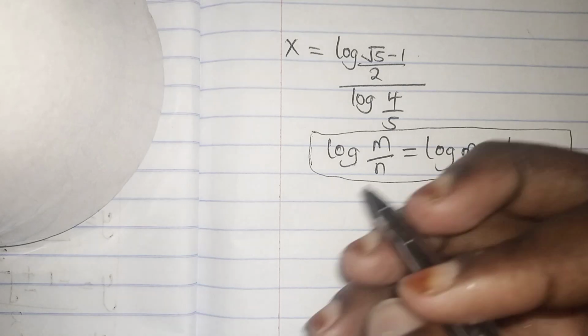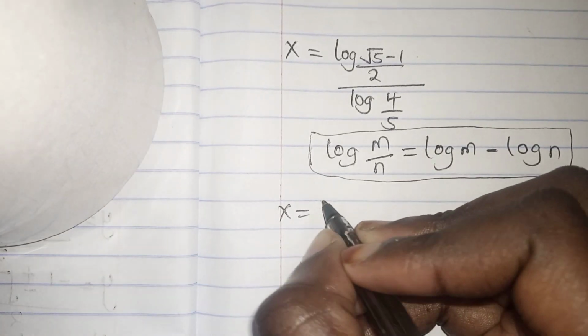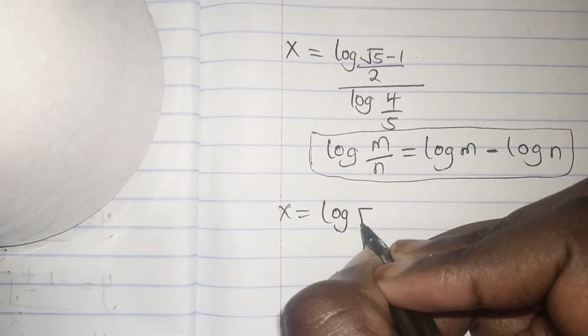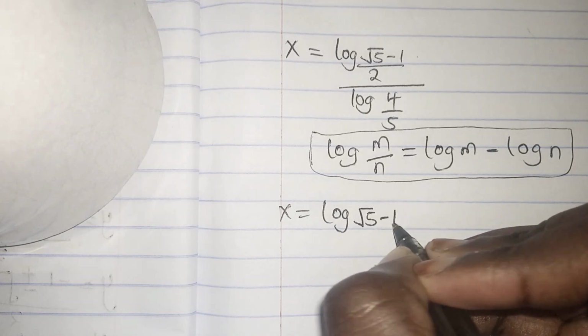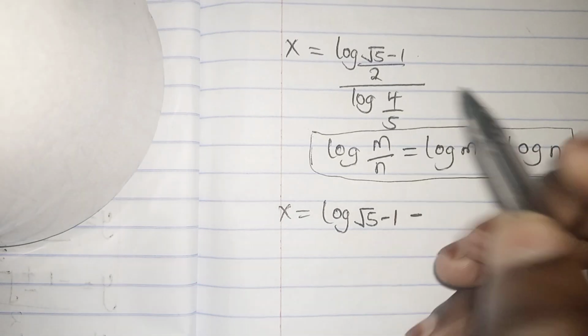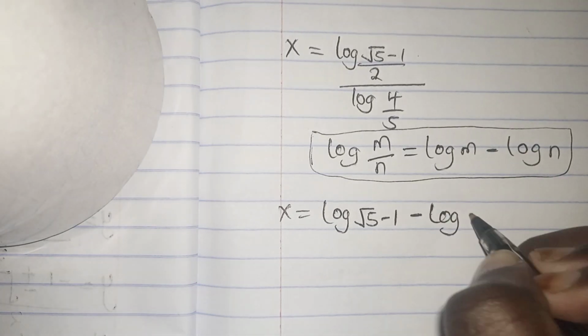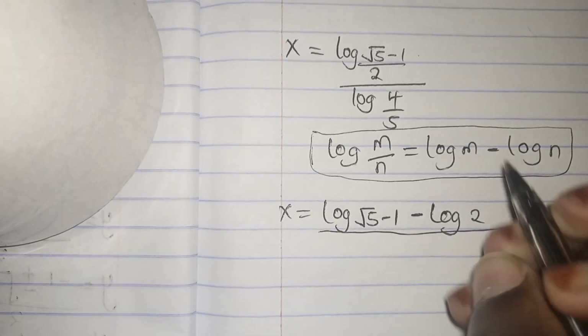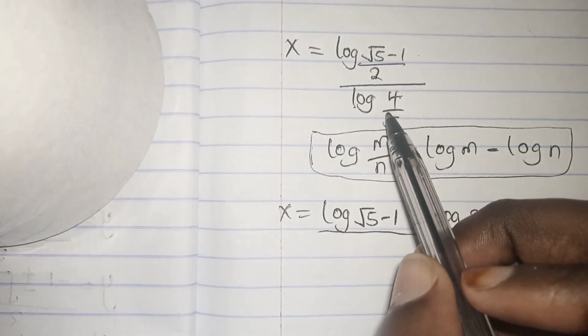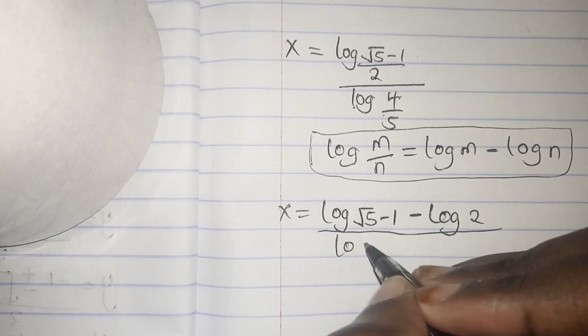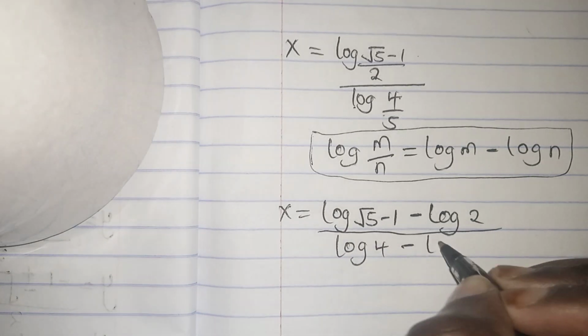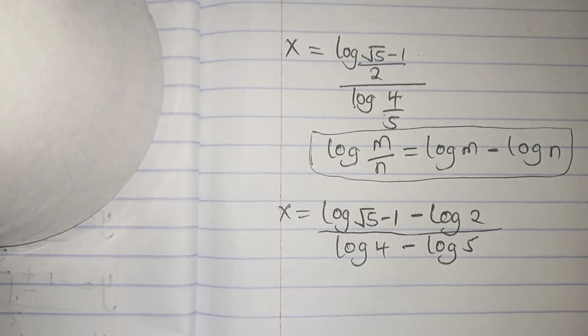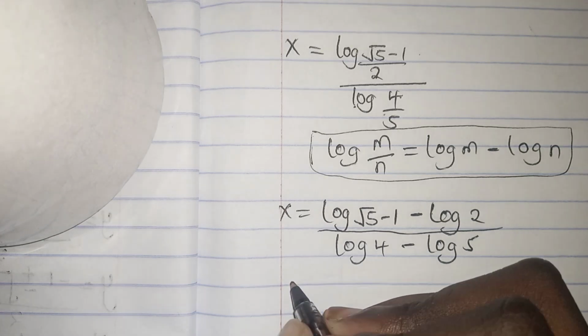So x is equal to log the square root of 5 minus 1, minus log 2, over log 4 over 5. So this will be log 4 minus log 5. Okay, so let us evaluate this.